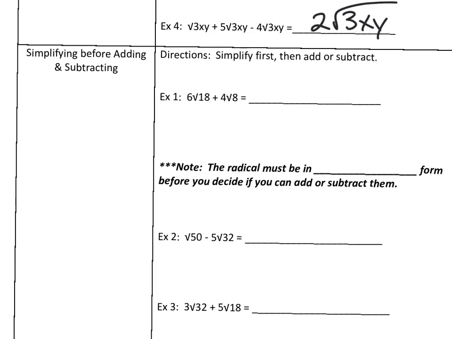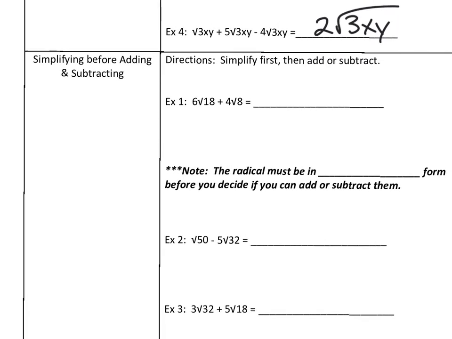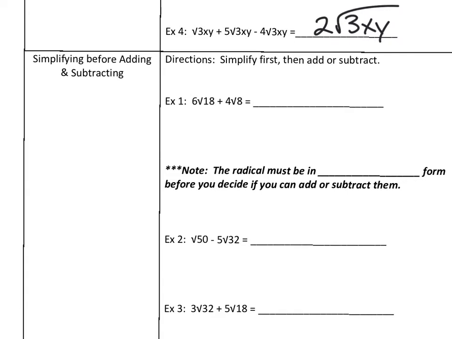All right. Again, it says we can simplify first and then add or subtract. Okay? Sometimes they work, sometimes they don't. Let's try this first one. Can 18 break down to what? 9 and 2, that works. What does 9 break down to? 3 and 3. I'm looking for groups of 2.